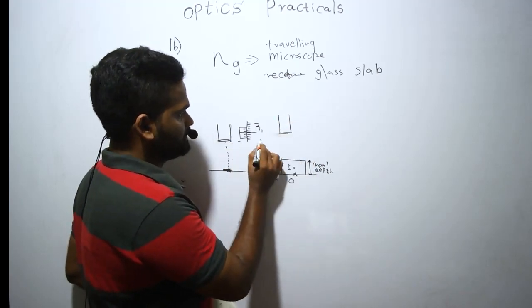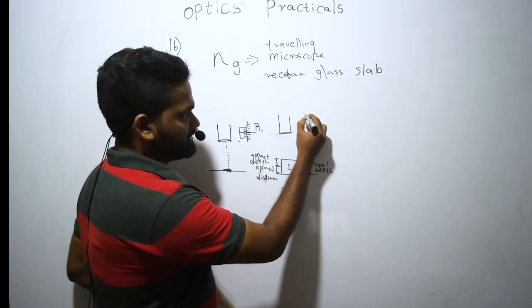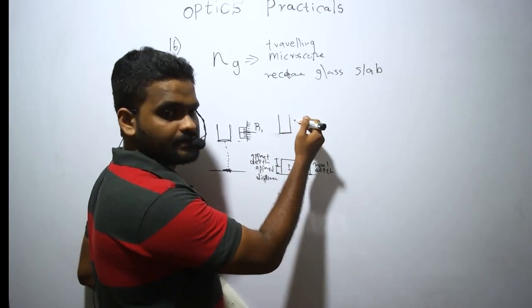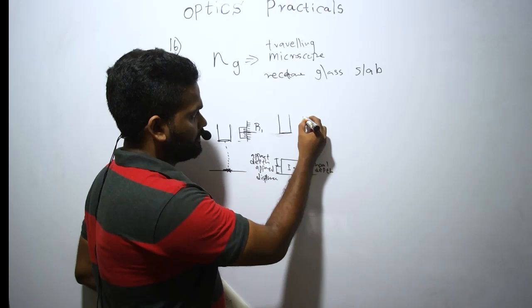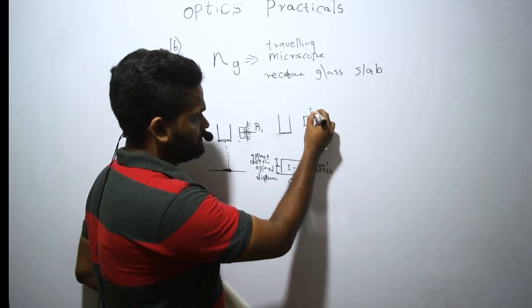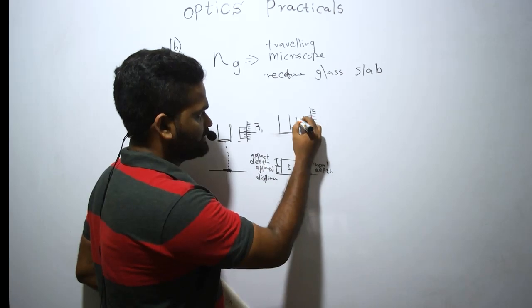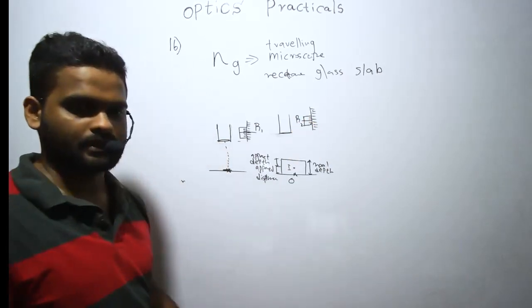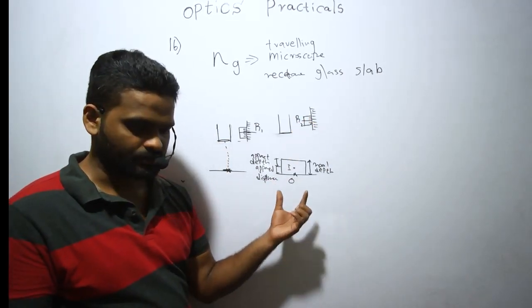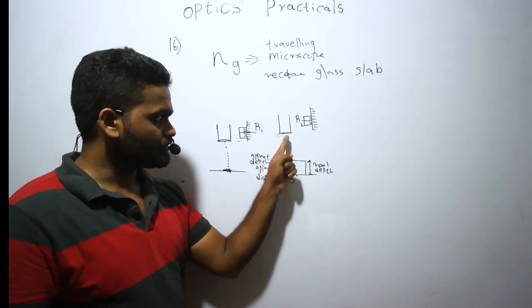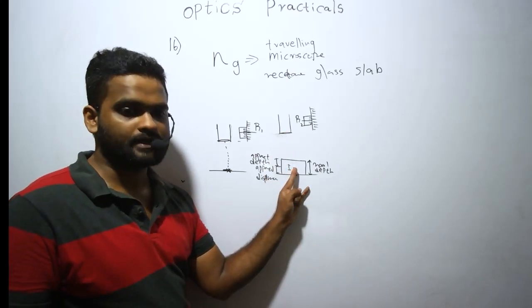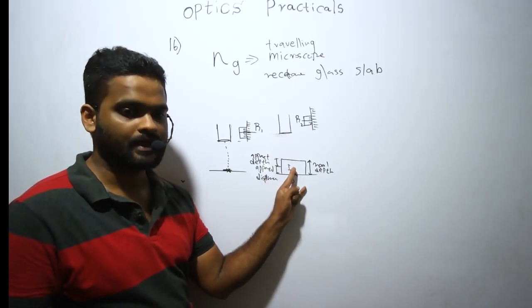So it is lifted, right? And again, you can take the reading there. This is the main scale reading, then the vernier scale reading. Let's say that reading is R2. Okay? That reading is R2. So this microscope is focused on the image.